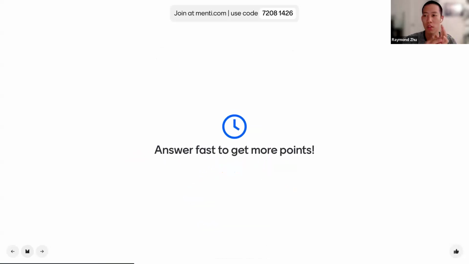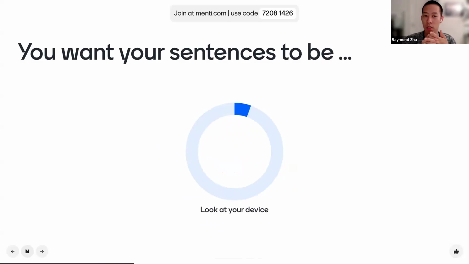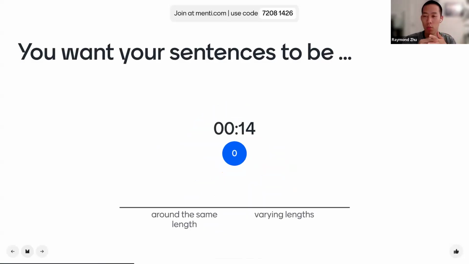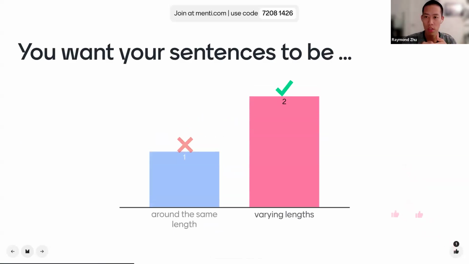Question 3. You want your sentences to be around the same length, varying lengths. Varying lengths. There you go. Remember that it's important to keep your sentences varying lengths so the readers don't get bored, right?